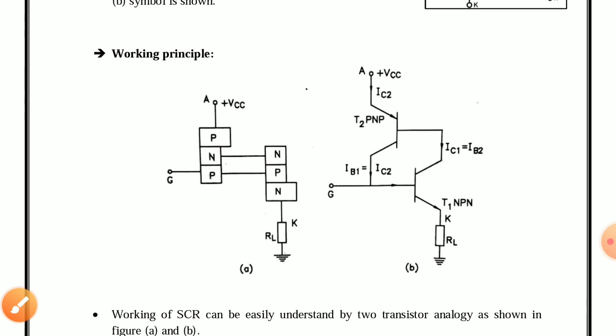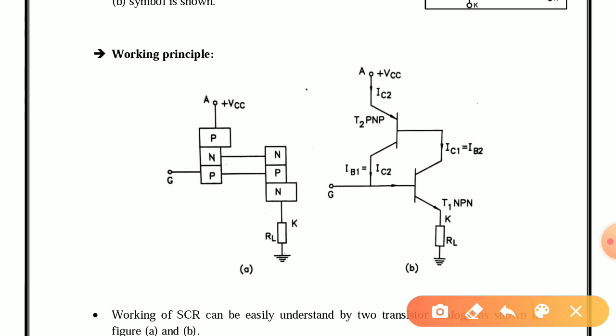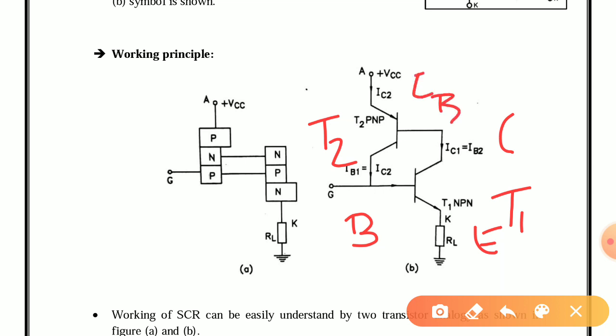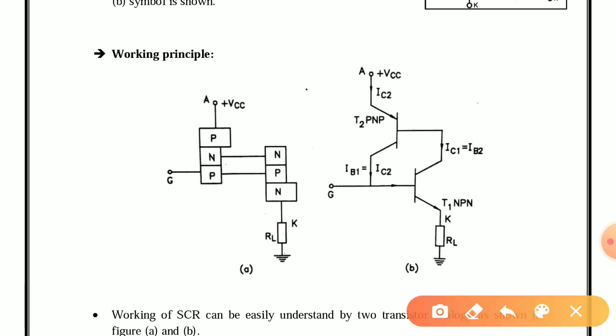Now let's understand it in the figure first. The first transistor, T1, is an NPN transistor. Here transistor T2 is a PNP transistor. Each has 3 terminals: base, emitter and collector. In the PNP transistor, this is the base, this is the emitter where the supply is connected, and here is the collector. Now, how is the connection made?